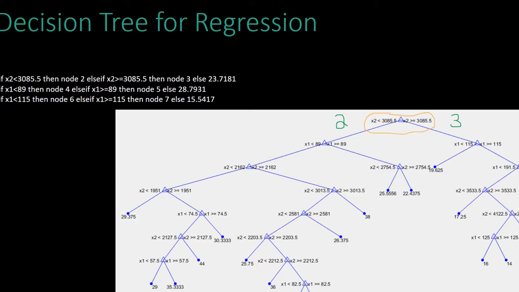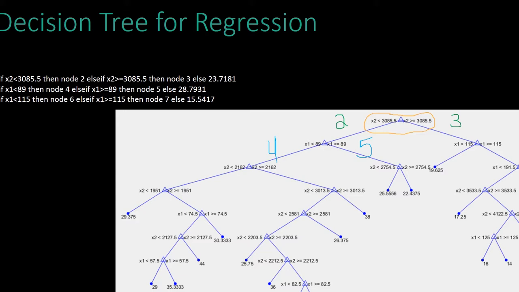In the next step, if x1 is less than 89, then we go to node 4. If x1 is greater than 89, we go to node 5. As you can see, this is happening after node 2. So step 2 correlates to node 2.